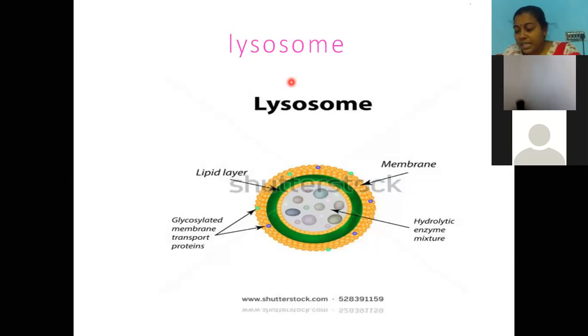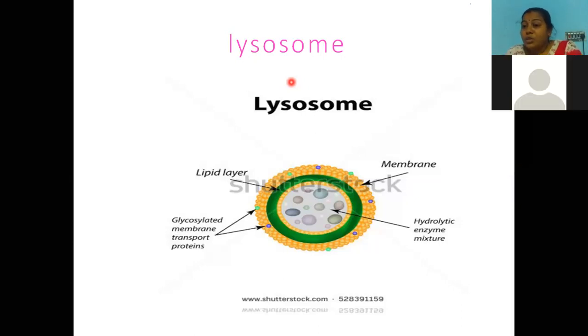Lysosomes digest the cell's own material when damaged or dead. Hence they provide energy during cell starvation by digesting the cell's own parts. In some cases, when we are under prolonged starvation, our body should get energy.